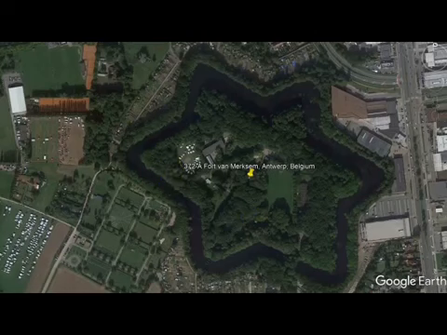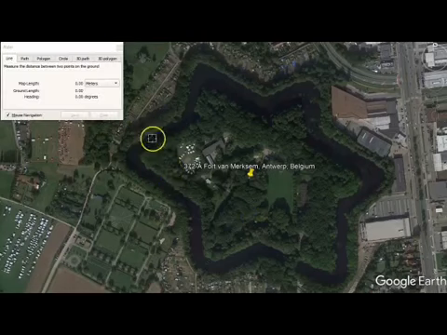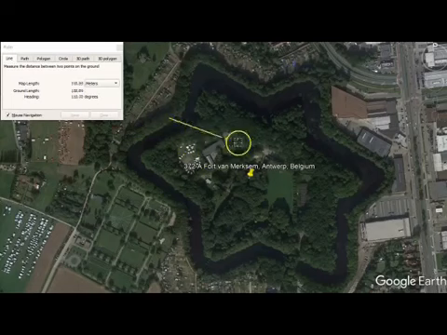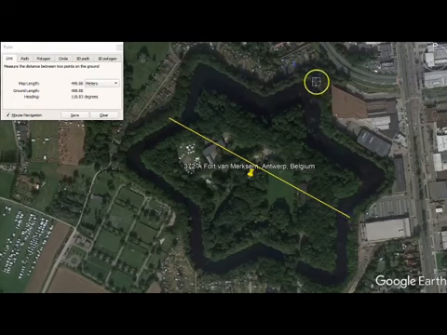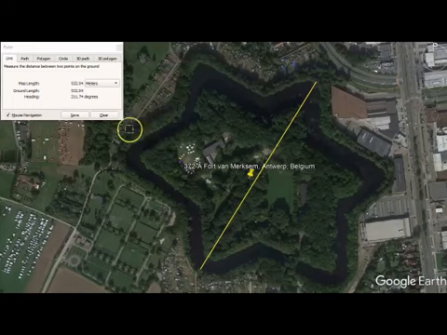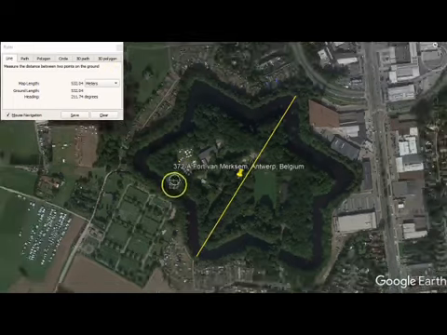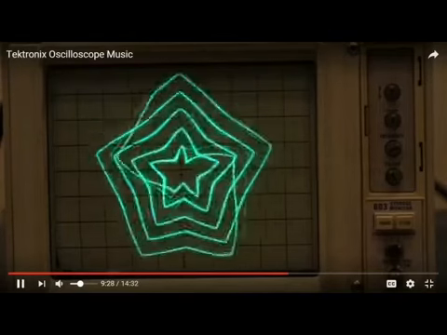We've got this little feature. This little feature is over 500 meters across in both directions. Well, let's keep looking.